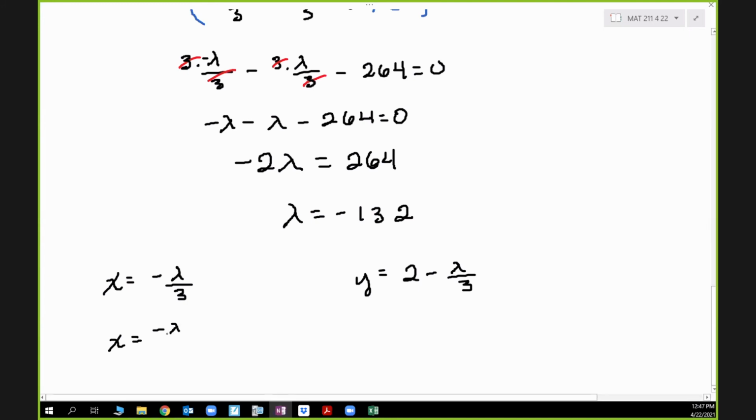Oops. And I just made a classic mistake that's really easy to make. I put the negative, but we have a negative in front of the lambda and a negative in front of the 132. So that should be a negative negative. So that's 64.